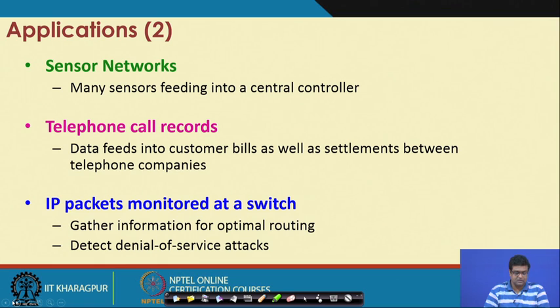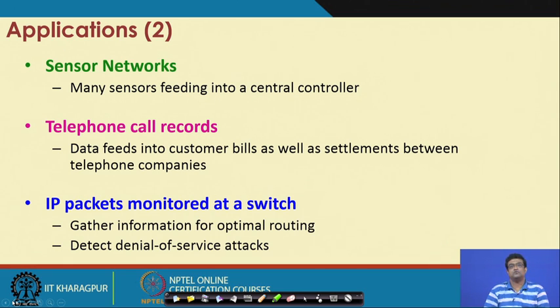Then IP packets monitored at a switch. Many times there are huge switches which basically power the internet, and each of these switches maintains a certain kind of routing table. So, if the destination of a packet is a certain IP, which of the links should I forward it to?